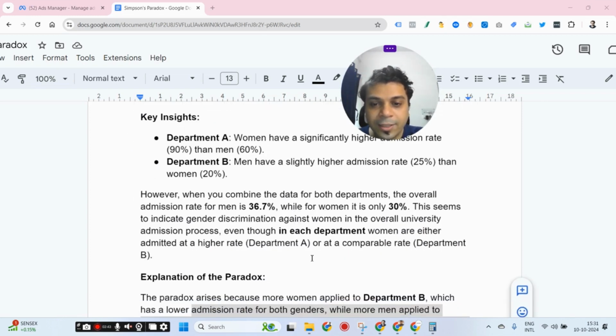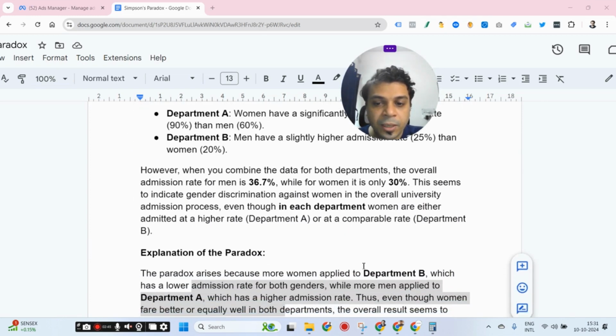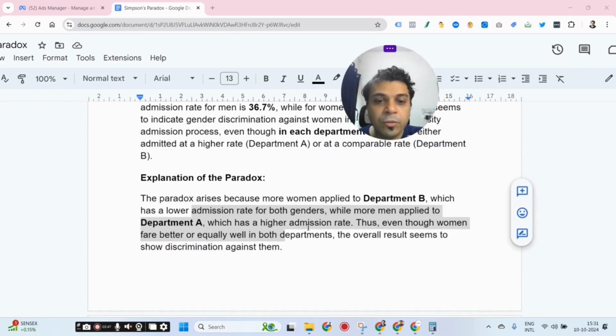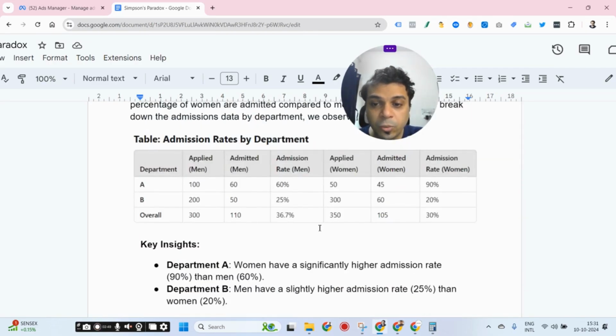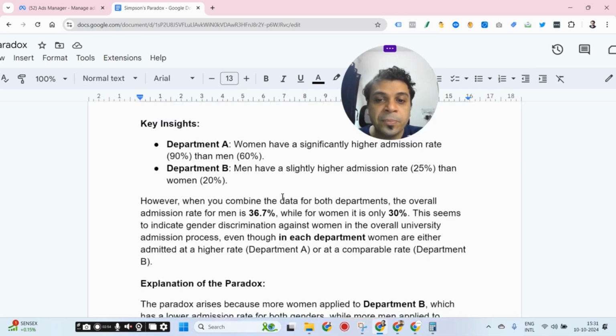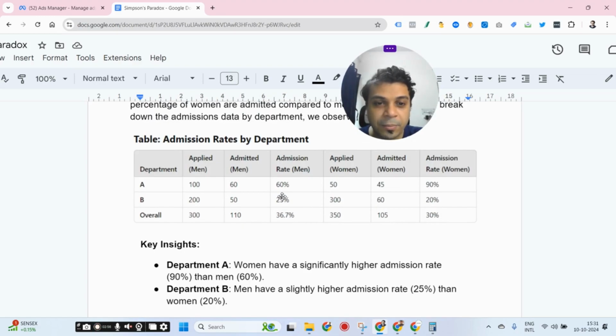Now, the reason why this happened is that the admission rate for both genders was much lower in one of these departments, and women applied more in that particular department.